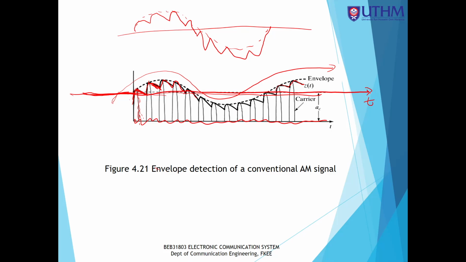Capacitor C2 will remove the DC component, remove the DC voltage, and the signal will go down to the zero axis, at the x-axis.